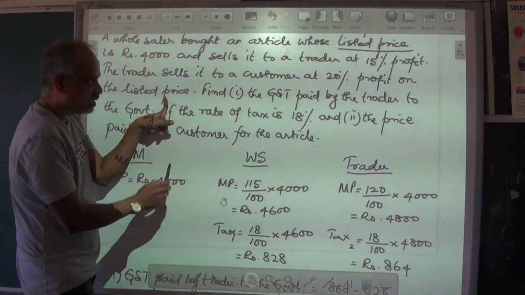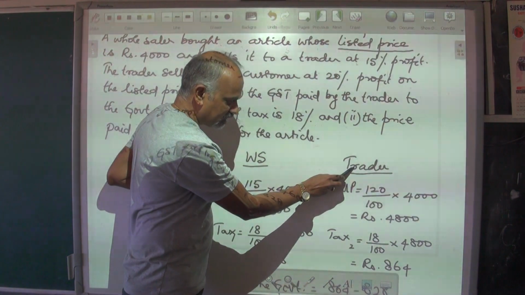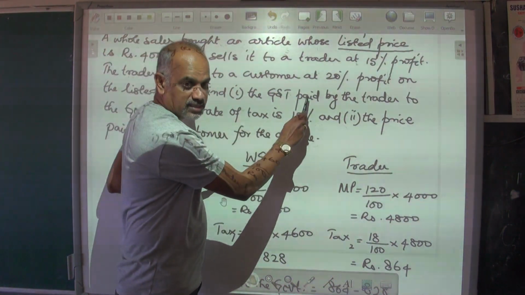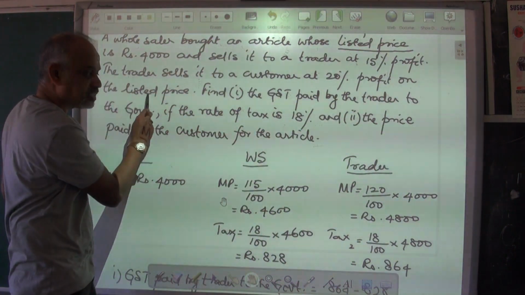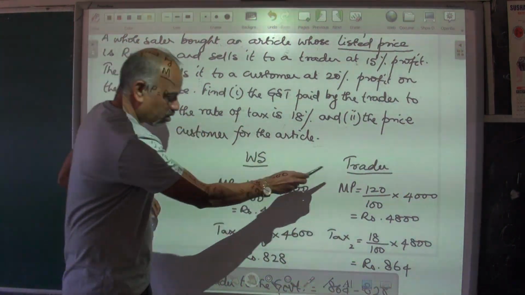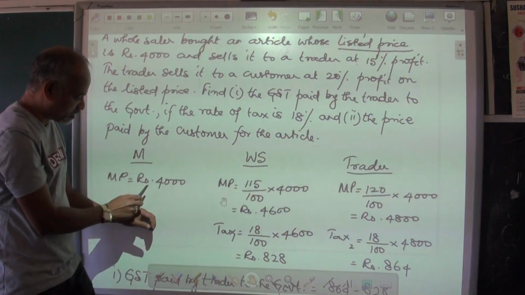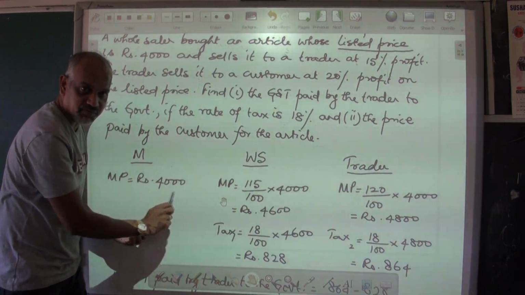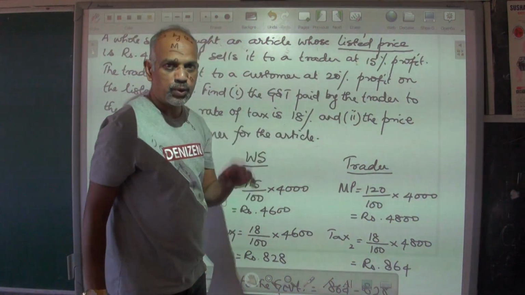So he is going to increase and sell it to the customer. The trader is going to sell it to the customer at 20% profit on the listed price, not on the price at which he bought. On the listed price. The listed price actually is 4,000 rupees. So he is going to increase the price by 20%.